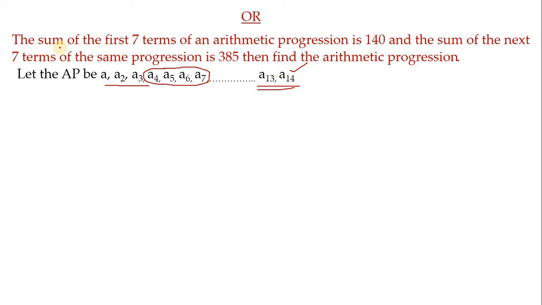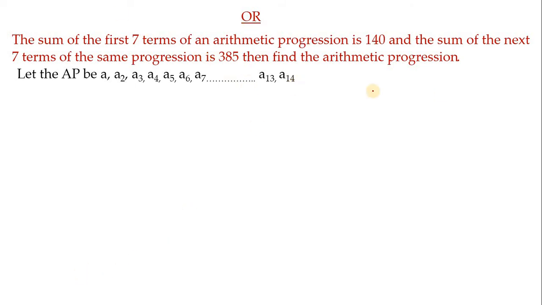See, they said the sum of the first 7 terms. First how many terms are there? 7 terms. Next what are they saying? Sum of the next 7 terms. So the next 7 terms is plus 7. So totally how many terms will be there in this arithmetic progression? That is 14 terms. So I have considered the arithmetic progression like this: A1, A2, and so on up to A14 you write.